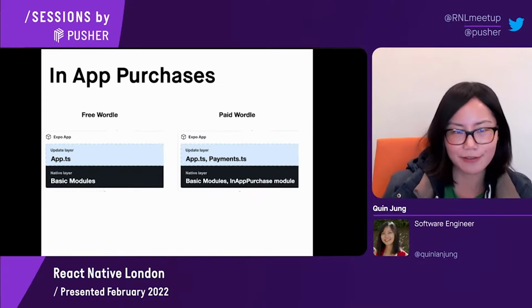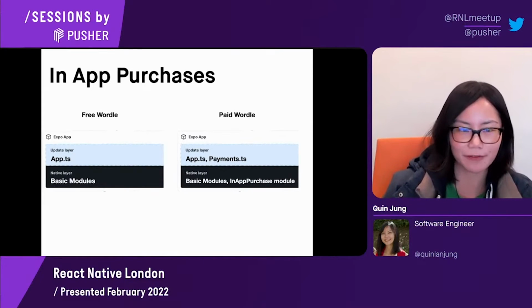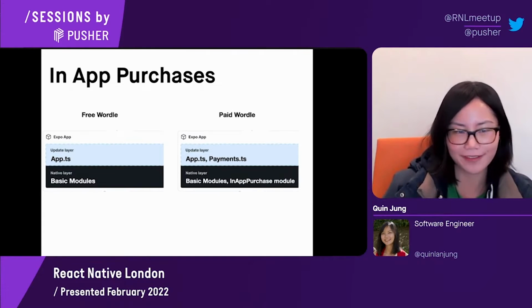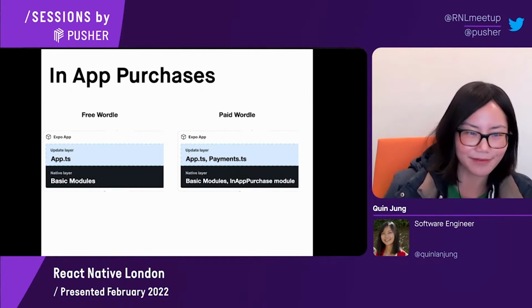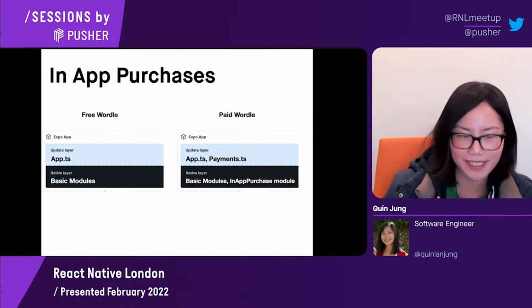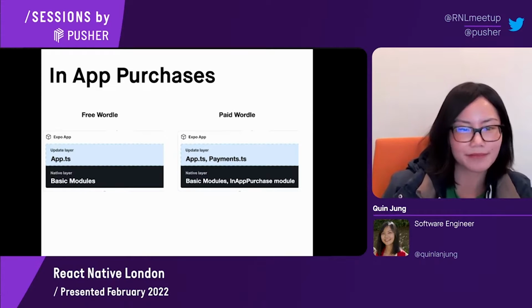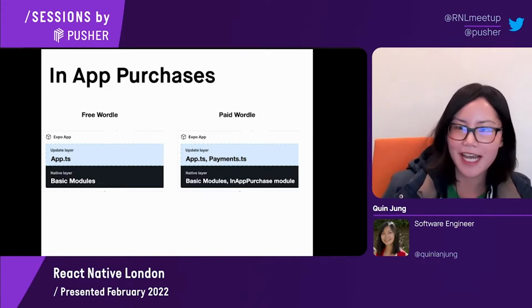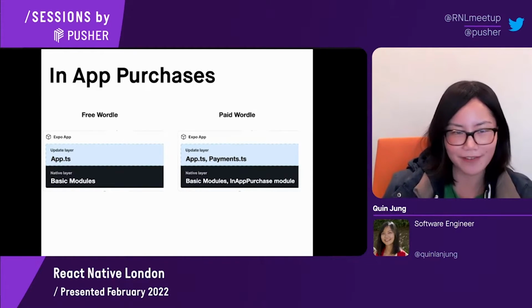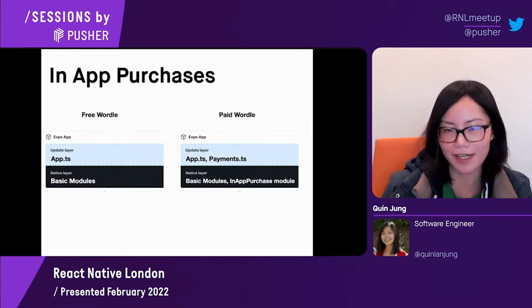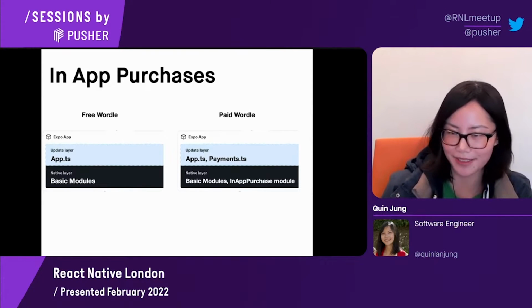So let's look at the two app binaries side by side. We've got the free Wordle and the paid Wordle. In the free Wordle, we've got the basic game logic, and in the native layer, we've got basic modules like animation packages that free Wordle depends on. And in paid Wordle, we've got everything that free Wordle has, but we've got more payments logic in your update layer.